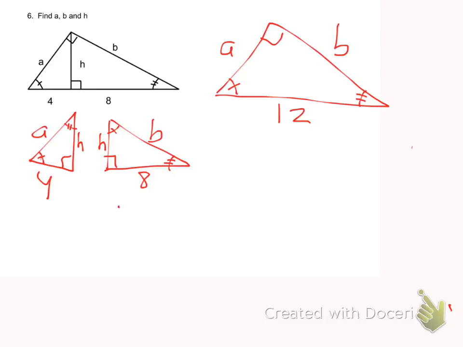Because I'm looking at individual triangles, even though they're right triangles, do any of them give me two of the three sides? I don't think so. So I can't use Pythagorean Theorem as of right now. Okay, so what do we want to try? Let's just start setting some stuff up. Do you want to compare it to the large one, or do you want to compare the two smaller ones?